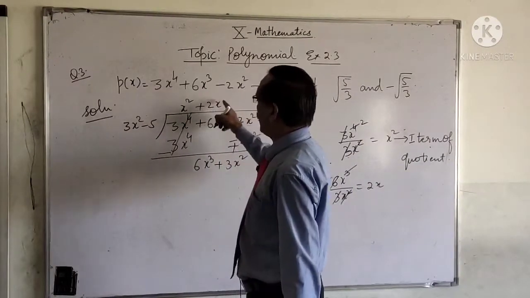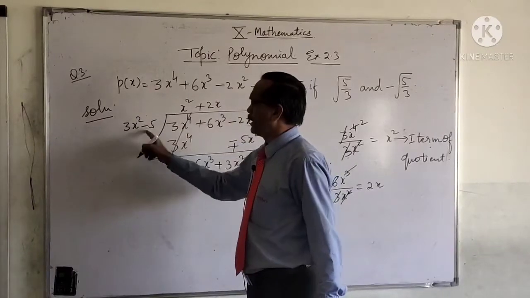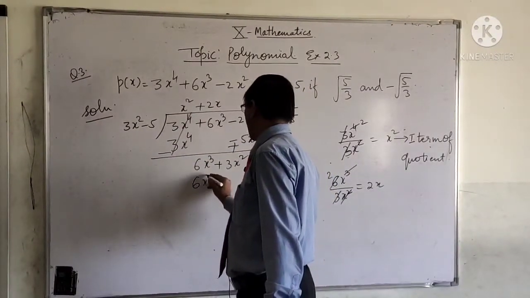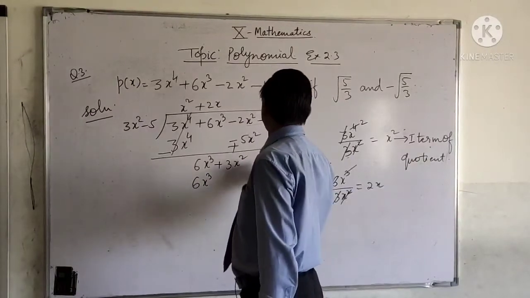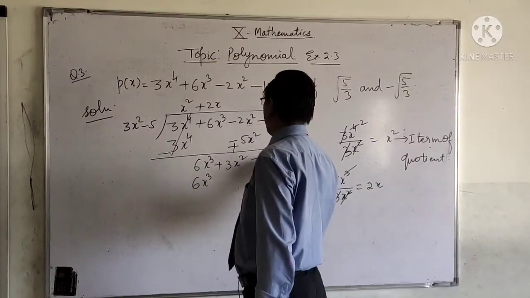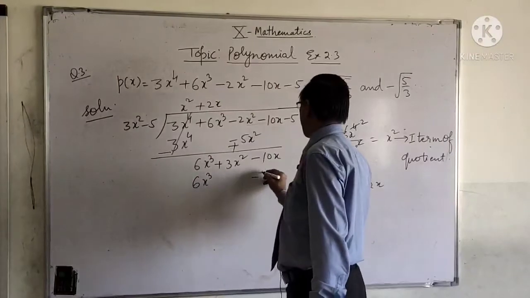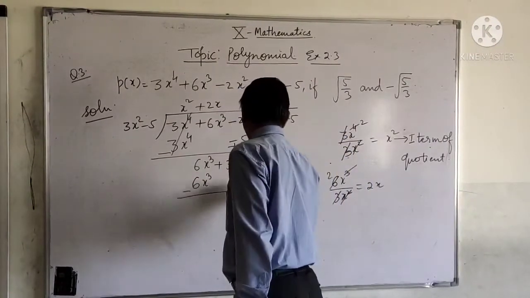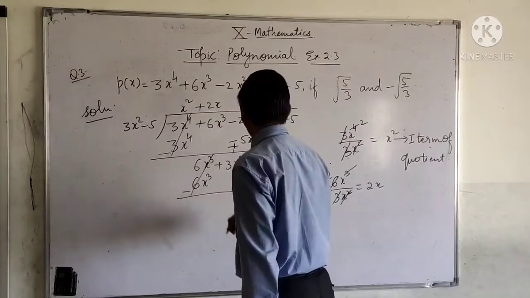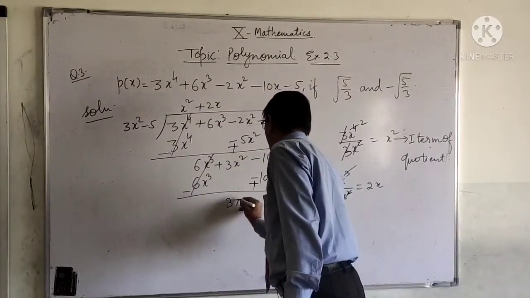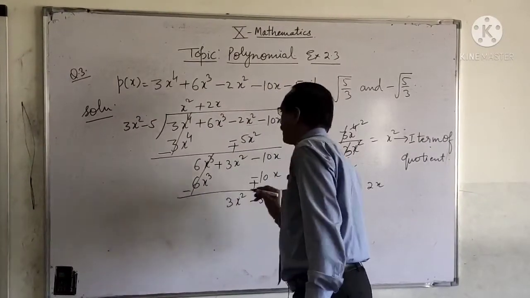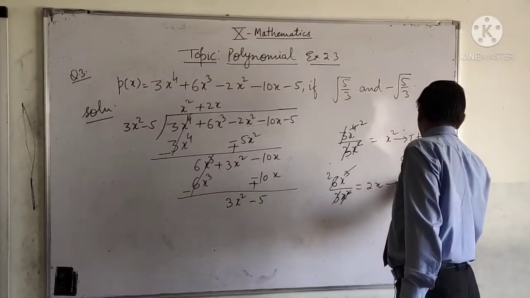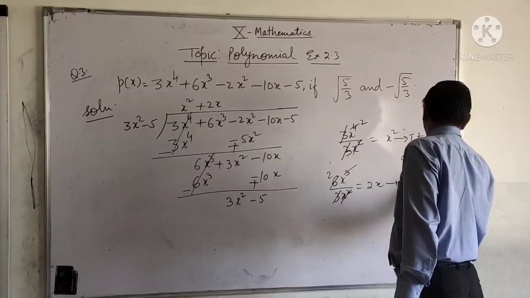Now multiply this 2x with the divisor, we will get 6x^3 minus 10x. Now subtract it, minus plus cancels out, there is 3x^2 minus 5.